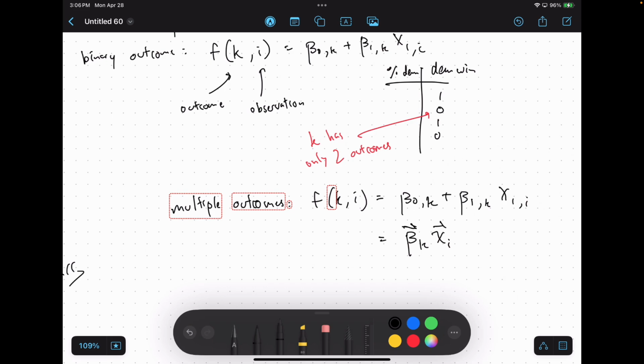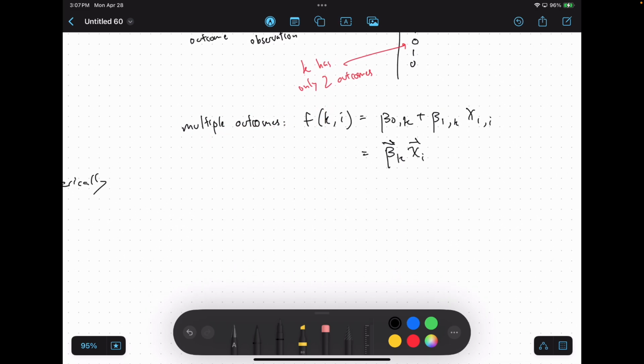This is a little bit different. It means that for any outcome in your response variable, you have a different set of betas describing the model fit. So now k can be greater than 2, and you have a different set of betas for each outcome.